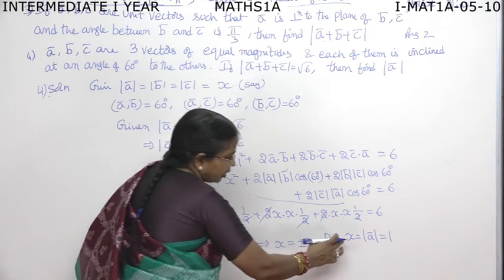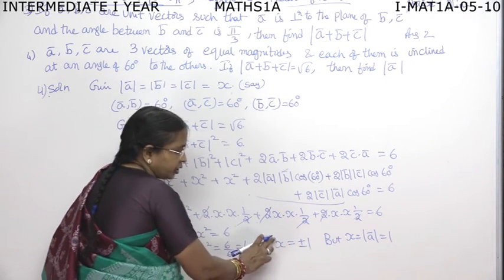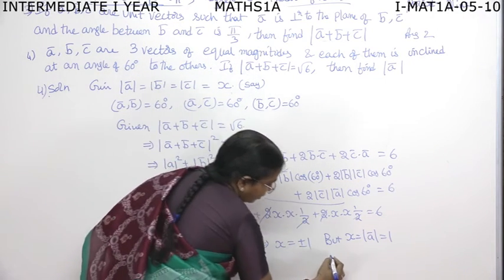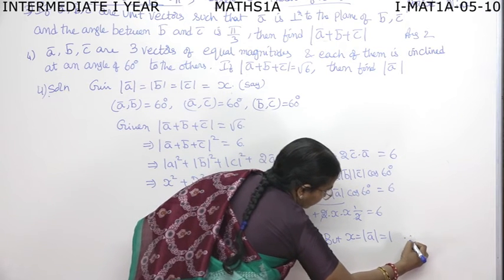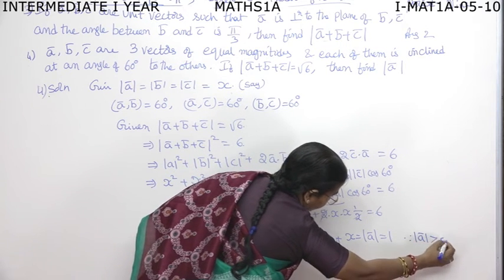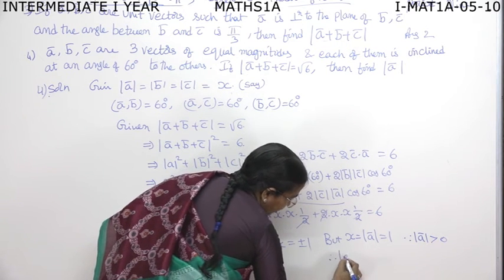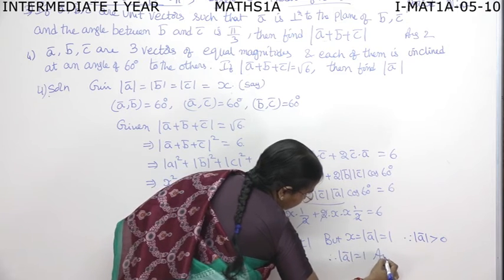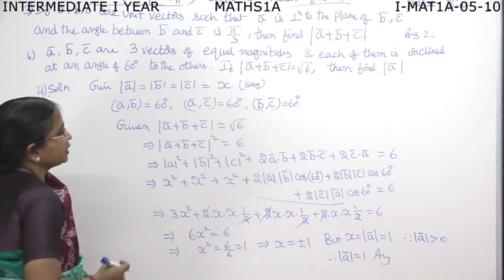So x you should take as only plus 1, because mod A is greater than 0. So you'll write therefore mod A is equal to 1. This is the answer.